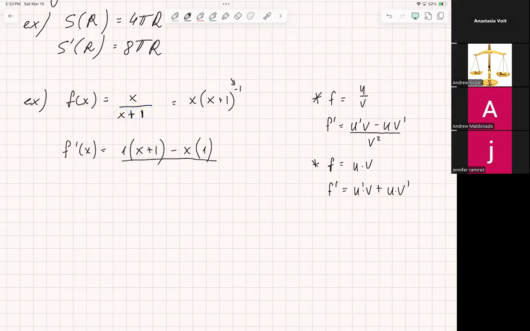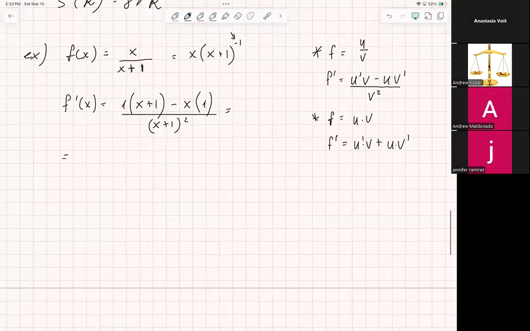And we divide by the square of the denominator, x plus 1 squared. Now let's simplify: we have x plus 1 minus x over x plus 1 squared. So these two are gone, and we have 1 over x plus 1 squared. And this is the end of the problem.